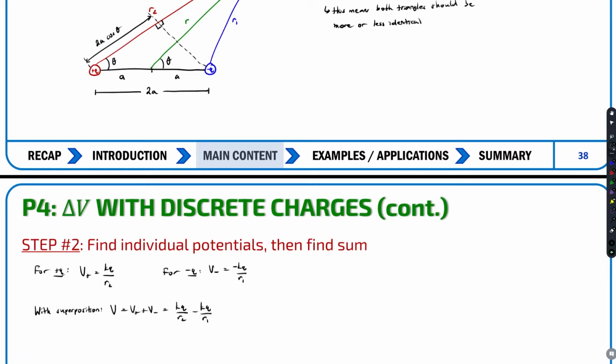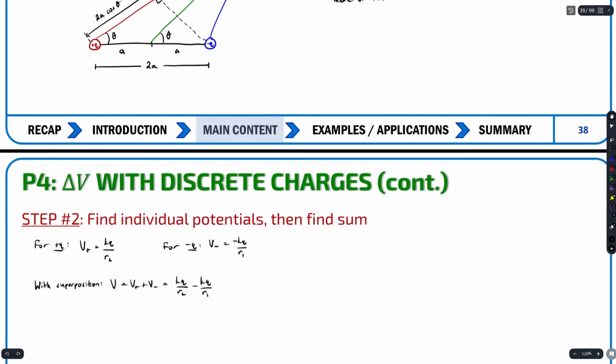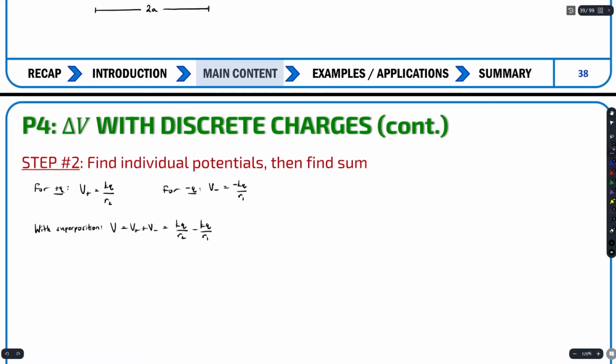That is going to give us V equals kq. You can cross multiply and get common denominators, r1 minus r2 over r1 r2. So that would be V, the individual potentials and sum of potentials.